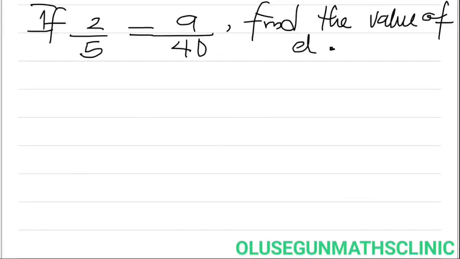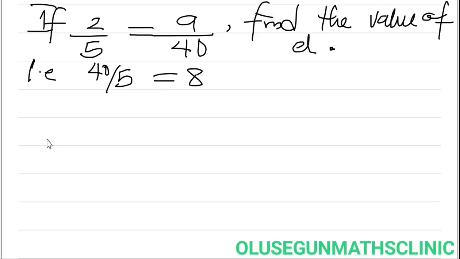If 2 over 5 is equal to A over 40, find the value of A. Because of our knowledge of equivalent fractions, the first thing to do is find the number we multiply 5 by to give us 40. 40 divided by 5 gives us 8. That means 8 is used to multiply the denominator to get 40.